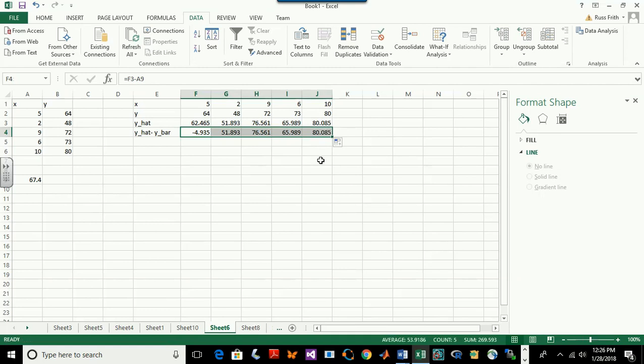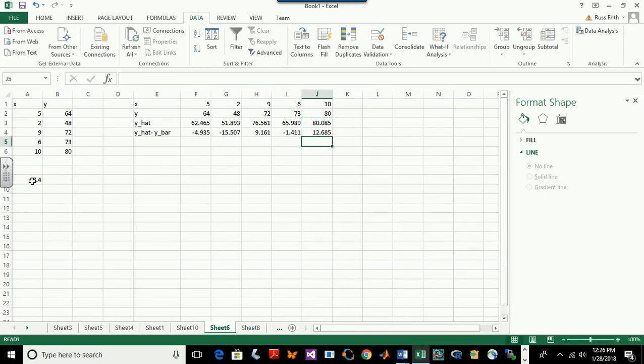And if you want to calculate this difference, okay, that's not right. No, it's not doing that, okay. So this will equal y hat minus y bar, okay, and this will equal y hat minus y bar. This will equal y hat minus y bar, okay, and then this will equal y hat minus y bar.